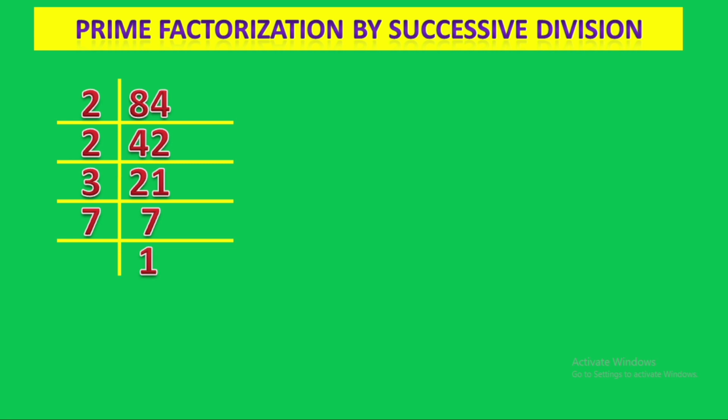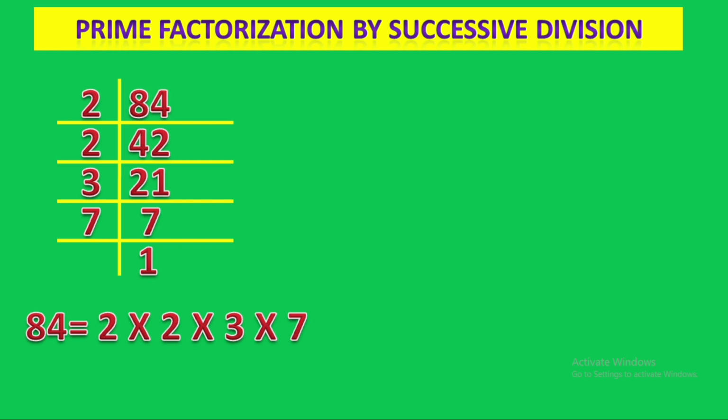So you must have noticed that I have taken only the prime numbers to divide these numbers. So let us write the factors of 84. We have 2 into 2 into 3 into 7. Now let us multiply. 2 2s are 4, 4 3s are 12, and 12 7s are 84.